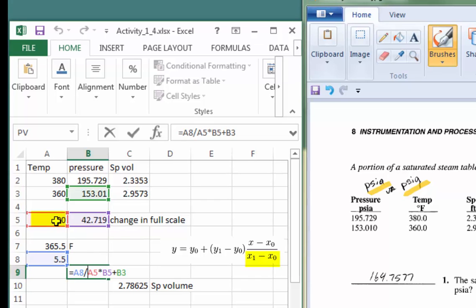So that's the fraction of the total increment. If this were 20, then it'd be 100%. If it were 10, it'd be 50%. The fraction of the total run across here multiplied against the change of the full run. And then we're just going to add where we started from. It's really just that simple.